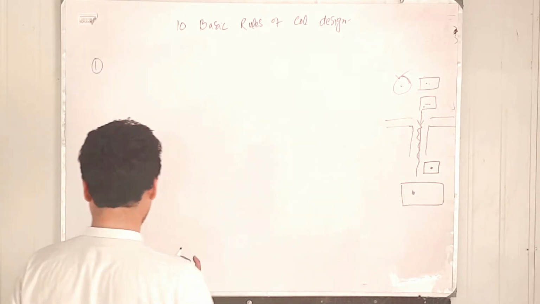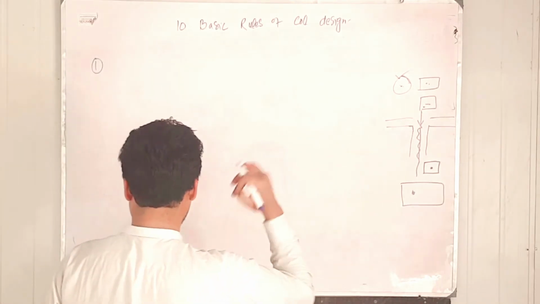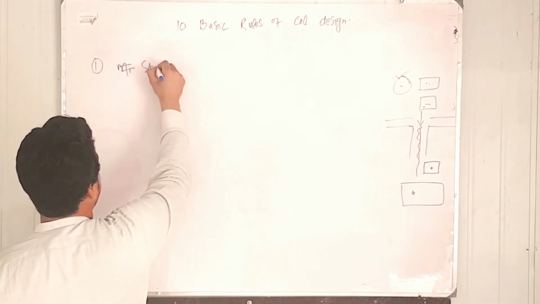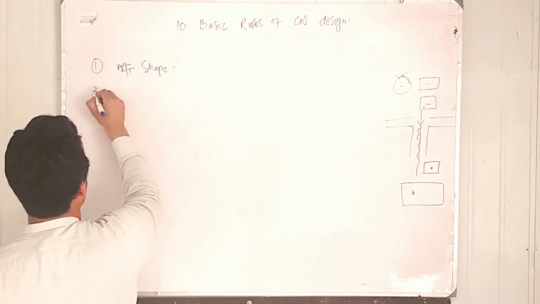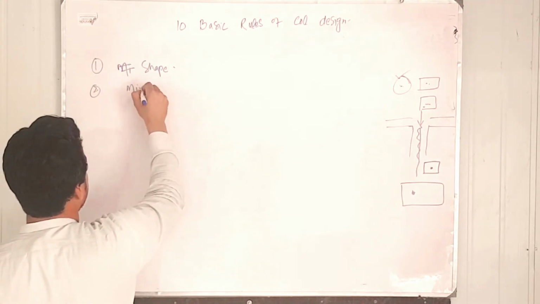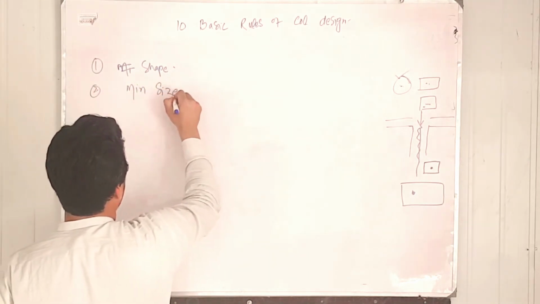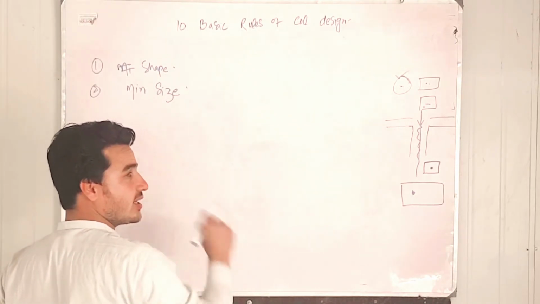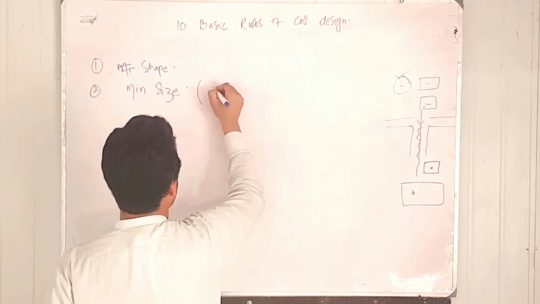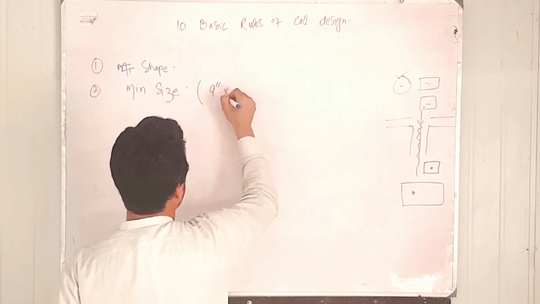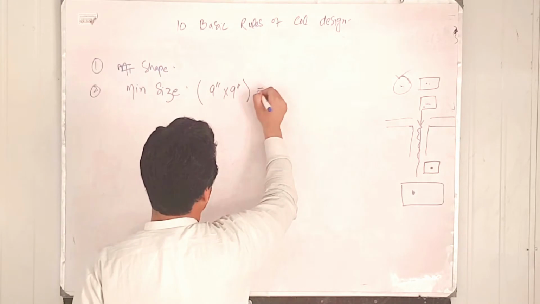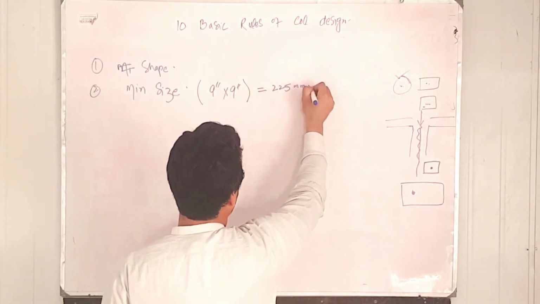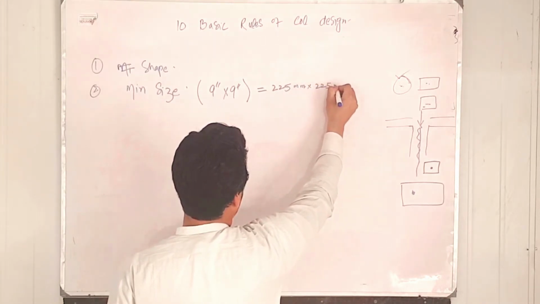The second rule is the minimum size of column. Sorry, number first was shape, number second is minimum size. In the case of a rectangular or square column, you will have to use a minimum size of 9 inches multiplied by 9 inches, which is equal to 225 millimeter multiplied by 225 millimeter.